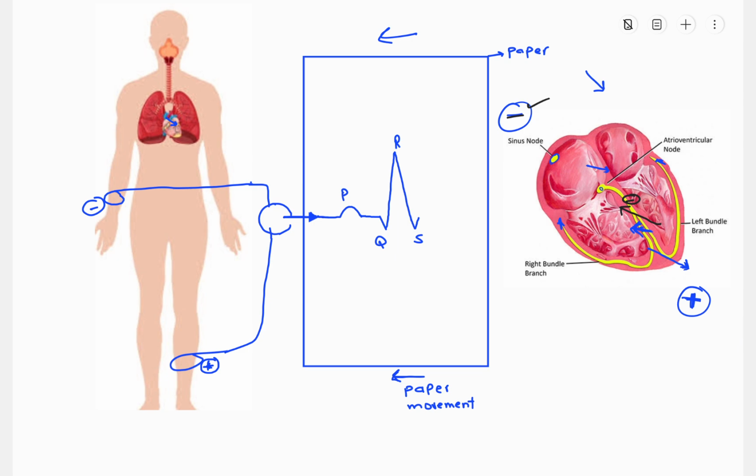So let us draw. One main thing is that repolarization is a very slow process, although it is happening inside the ventricles. As we have discussed, depolarization in the ventricle was very fast, but repolarization in the ventricle is very slow.